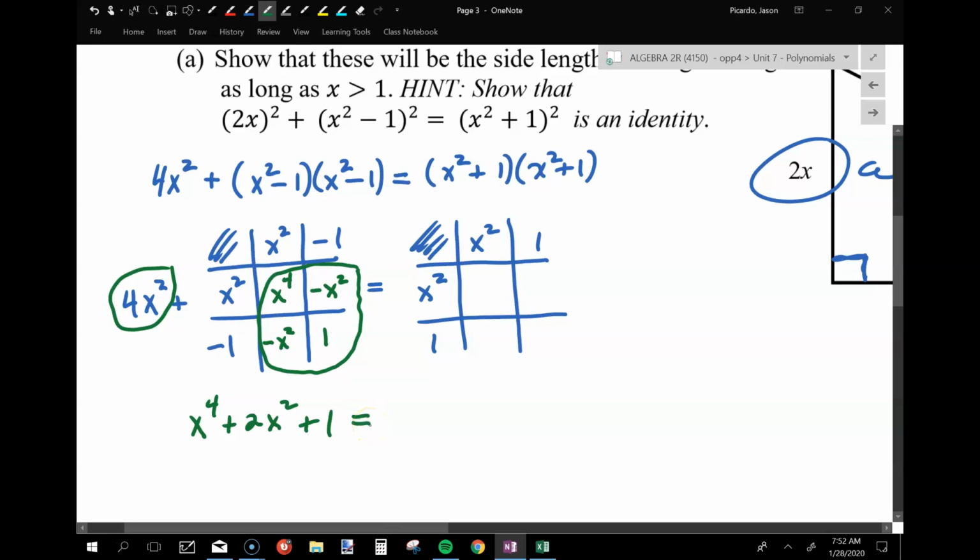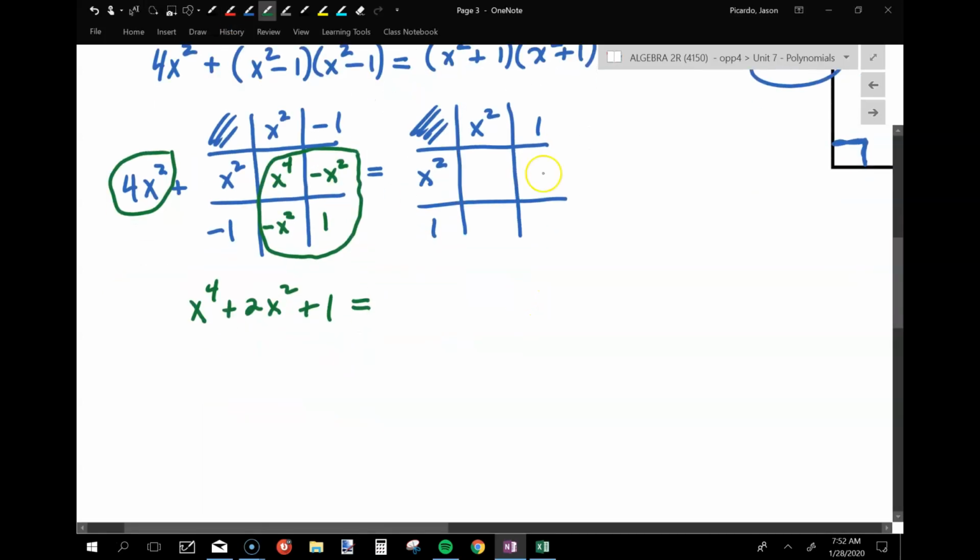Okay, so does that equal what we get on the other side? Well, on the other side, I have an x to the 4th, and I have an x squared, and I have an x squared, and I have a 1. Okay, good. I'm so glad you said that.